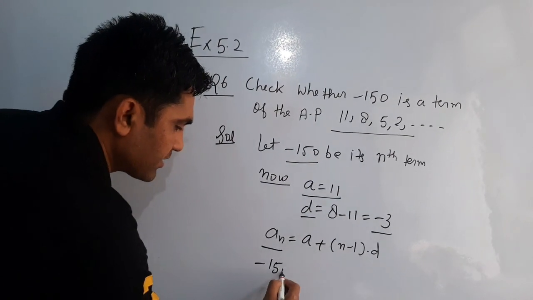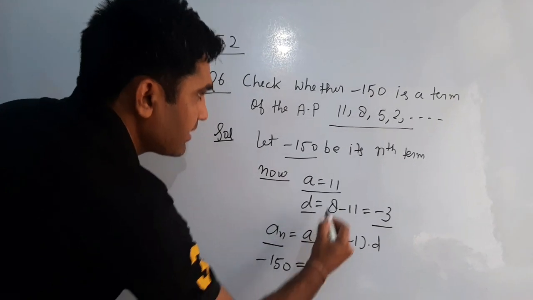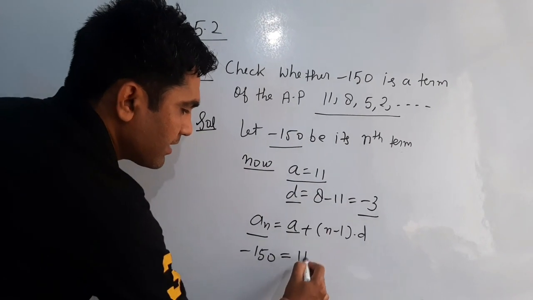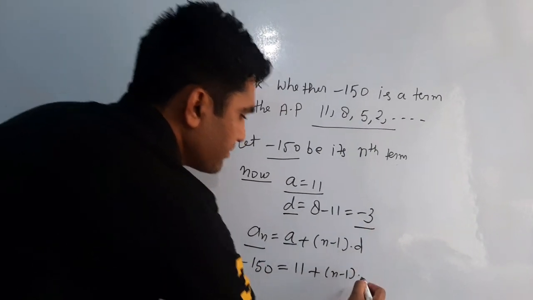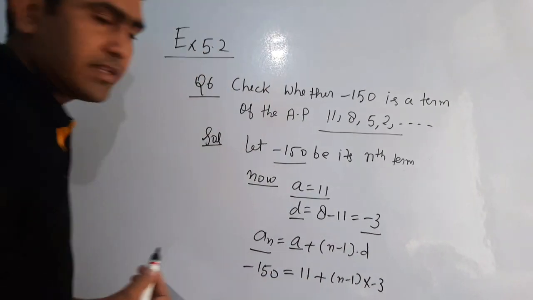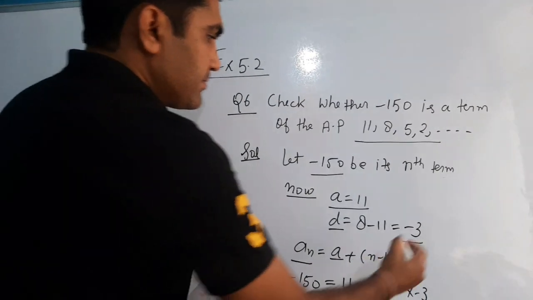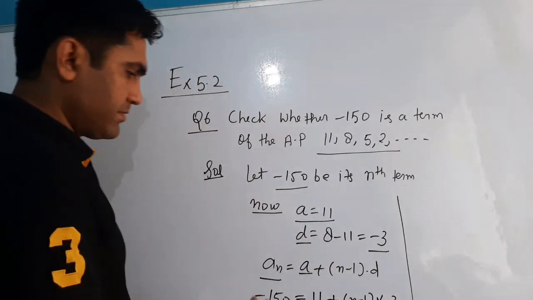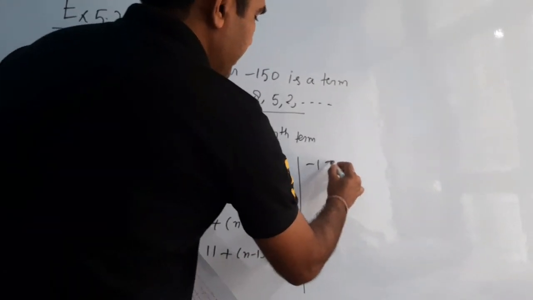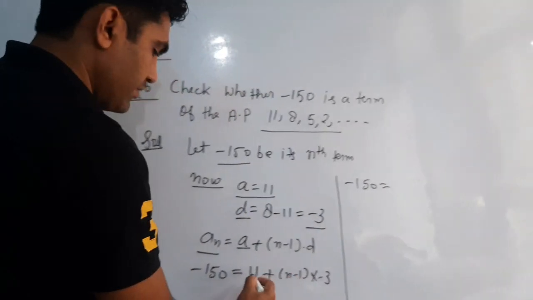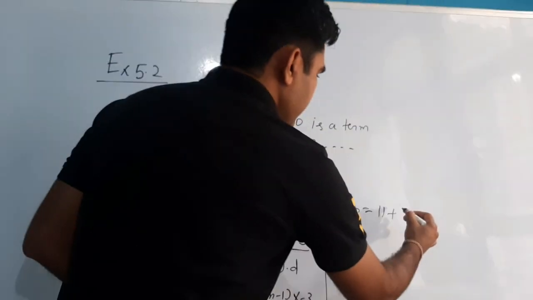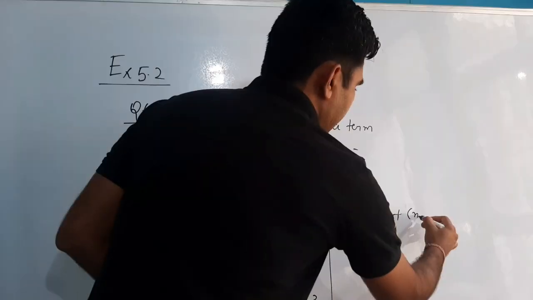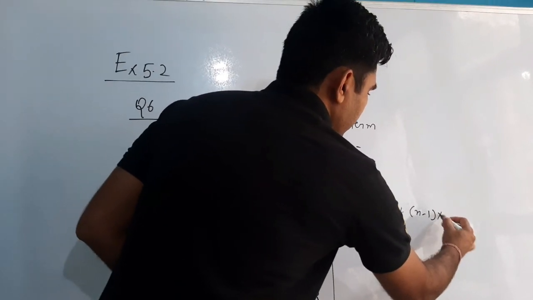So minus 150 equal to 11 plus n minus 1 into D, and D is minus 3. Now minus 150 equal to 11 plus n minus 1 into minus 3.